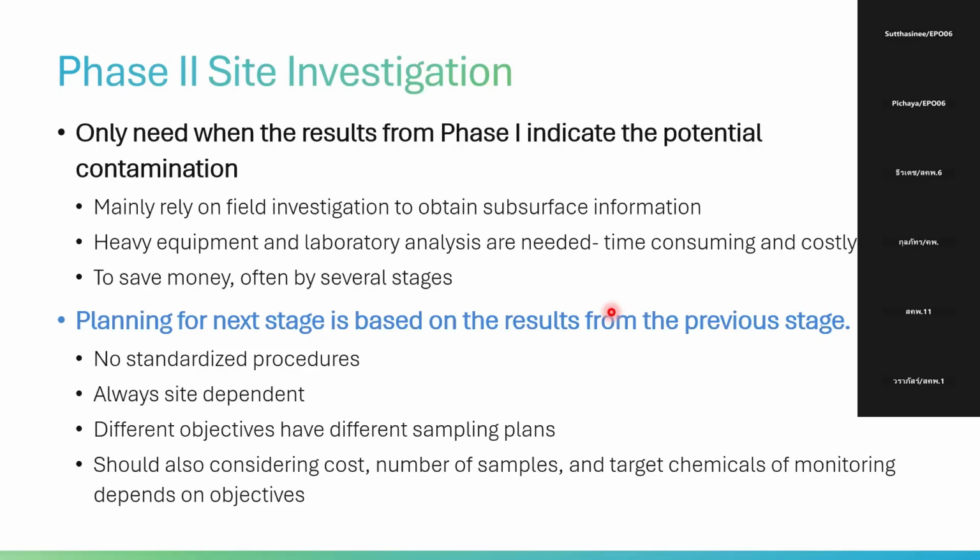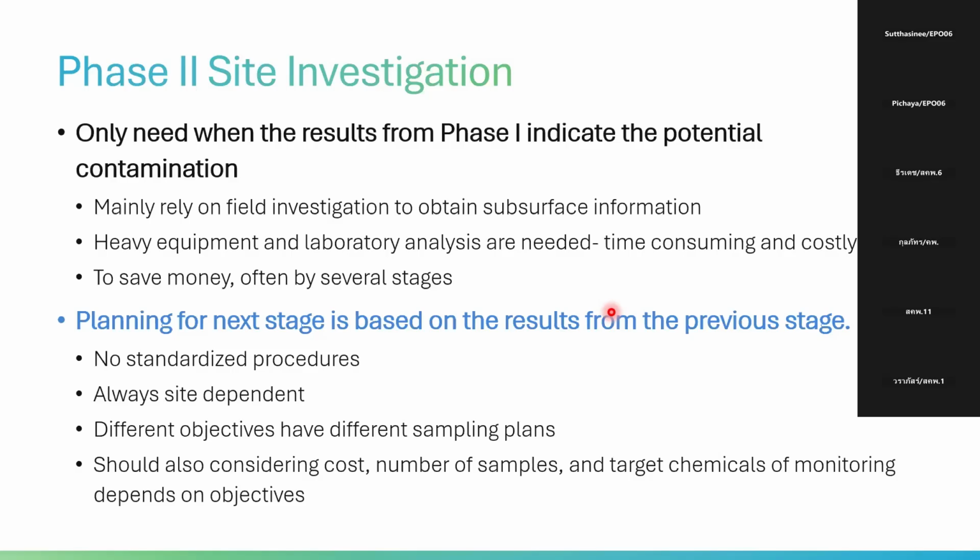So where does the clay layer come from? Where does the soil come from? This can be another source of arsenic. If they used contaminated soil and transported the soil to fill up the land, it caused the arsenic contamination, right? So it is another source. So you have to review the data, review the information very carefully.